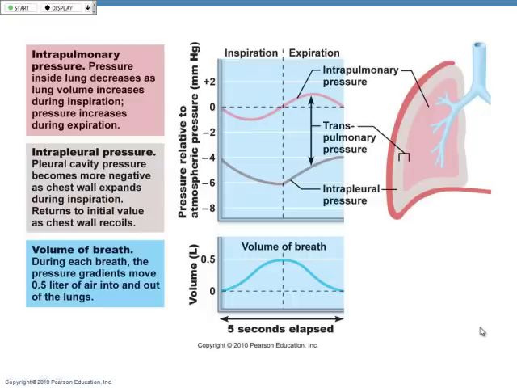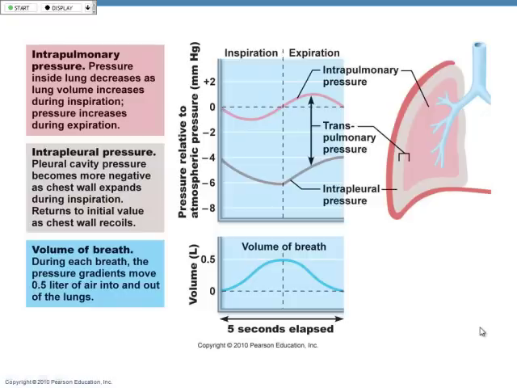Intrapleural pressure, pleural cavity pressure, becomes more negative as the chest wall expands during inspiration and returns to the initial value as the chest wall recoils. It's kind of like an elastic. When I pull it to stretch it to make it bigger, then I let it go, it's going to snap back to where it originally wants to be. And that's what recoil is.